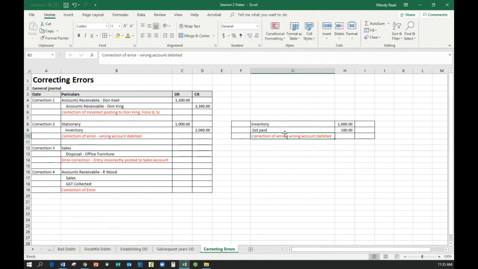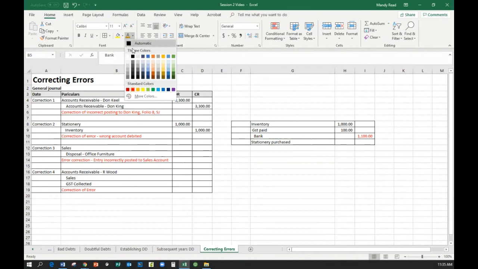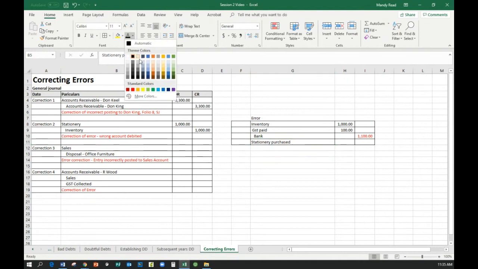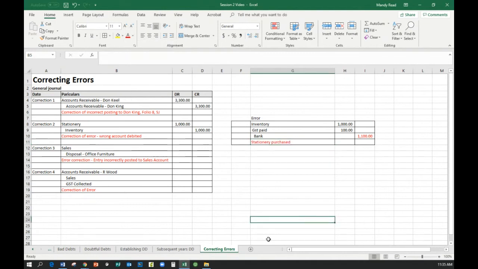And we then would have paid the money out of the bank, $1,100. Okay, and then we would have said stationery purchased. Just to show you, so you can understand what the transaction looked like when we first entered it. So this is the error. That's the error in the transaction.